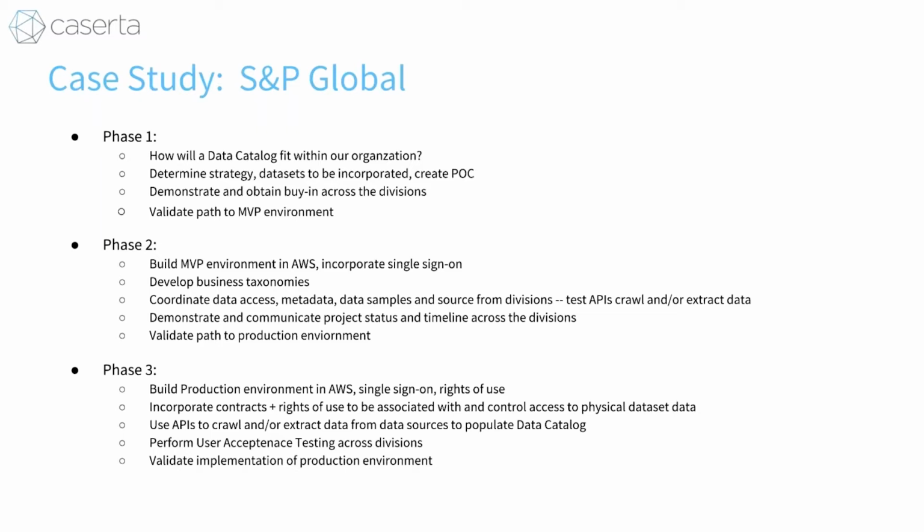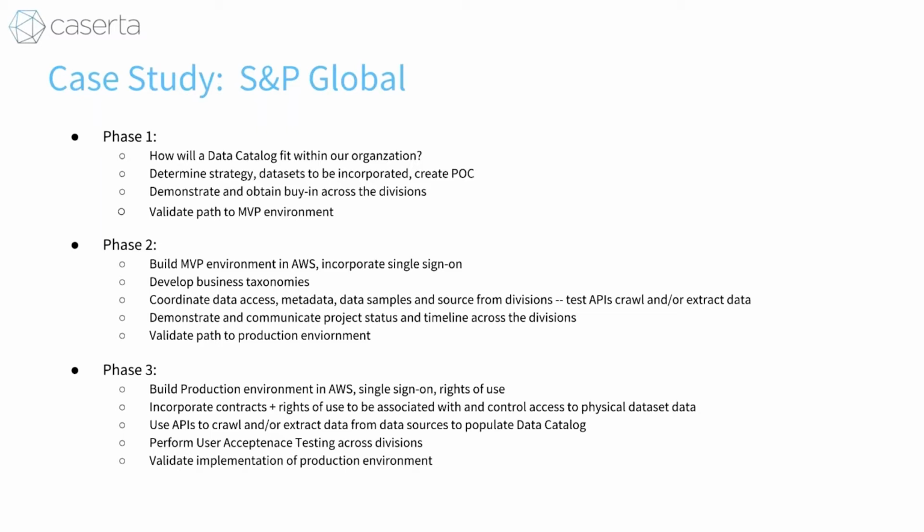We use that as a basis, so through the catalog, if they had physical access to the data, they actually had a button available that they could request that physical data to go down to a sandbox environment, basically an S3 bucket that user could then use as a data source with controlled rights of use, along with an expiration that was controlled back to the data catalog into the S3 bucket.